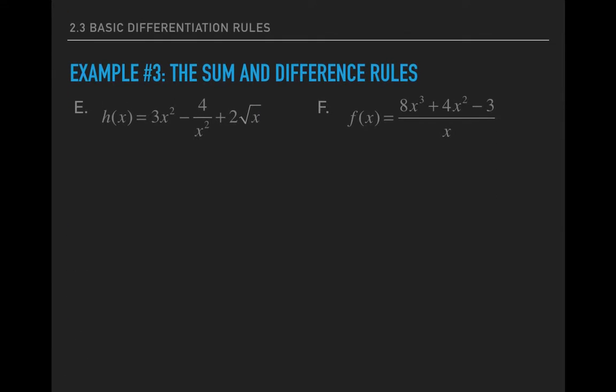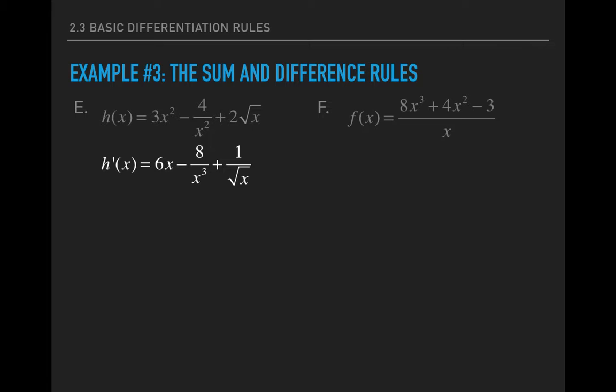All right, now, a little bit more sum and difference rule problems. For the first one here, for the first term, it would be 6x. For the second term, you would multiply negative 4 times 2.